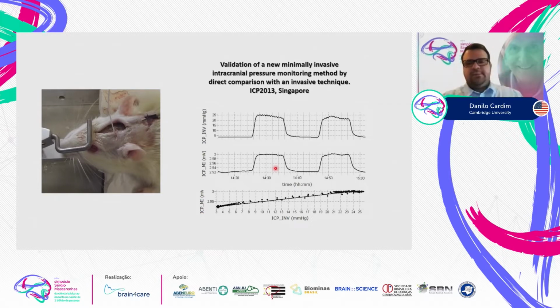As we can see, the first plot represents the traditional invasive intracranial pressure, and the second plot the minimally invasive intracranial pressure. And we observe that both methods have an agreement of almost 100% most of the time.